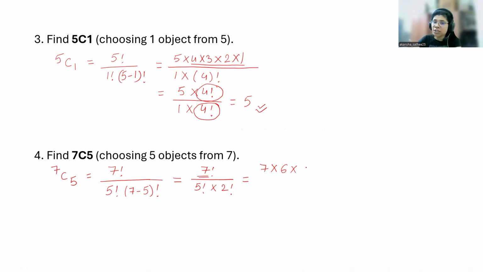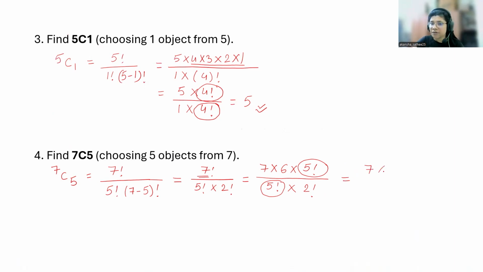But 5, 4, 3, 2, 1 is the same as 5 factorial, isn't it? Divided by 5 factorial into 2 factorial. And now you can see that this 5 factorial is sitting in the numerator as well as in the denominator. You can easily cancel that out.